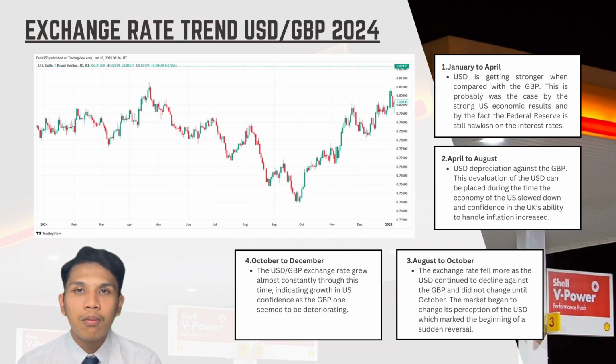The USD dropped because the inflation data in the US for September was weaker than expected, which in turn led to lower forecasts about further rate increase. And lastly, October to December, the USD-GBP exchange rate grew almost constantly through this time, indicating growth in US confidence as the GBP seemed to be deteriorating.